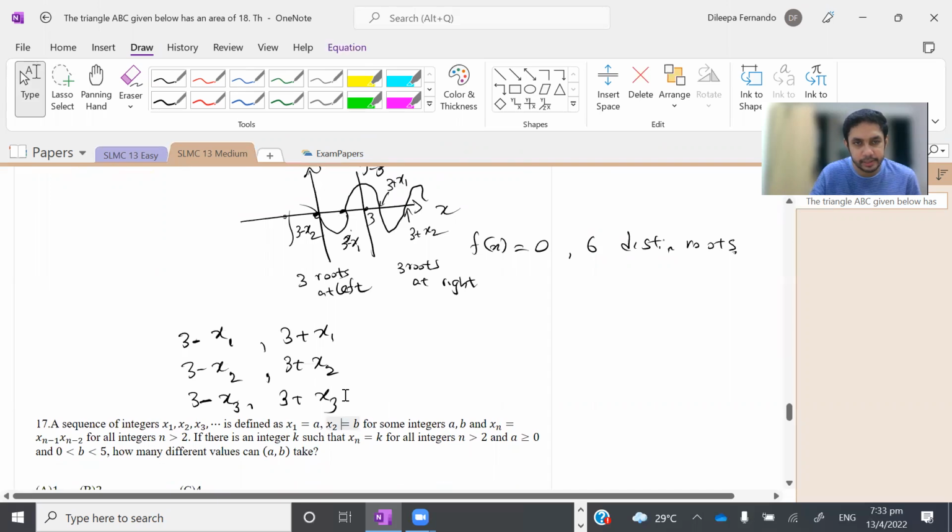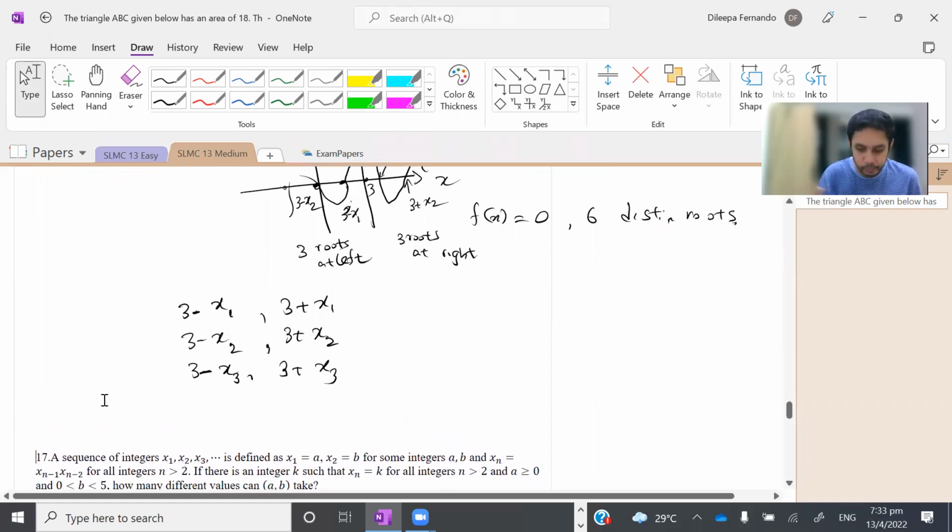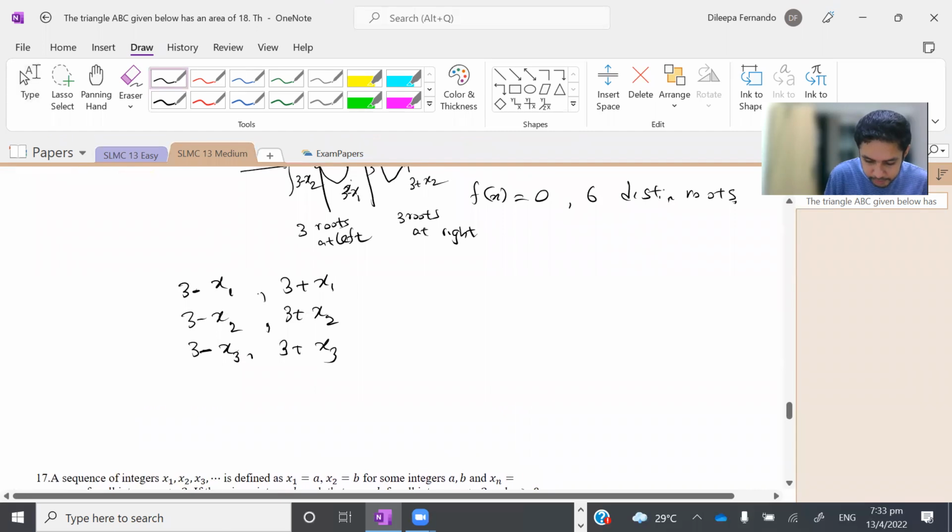You can see that plus and minus x1s are cancelled out. So when we sum these, cancelled out, cancelled out, cancelled out. 3 into 6, 18. Answer is 18.